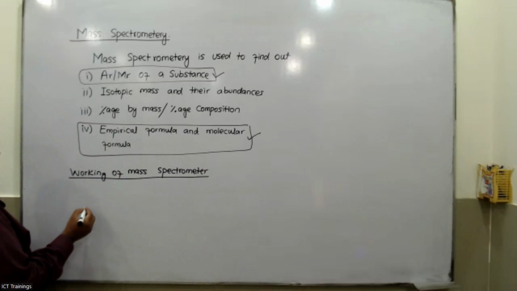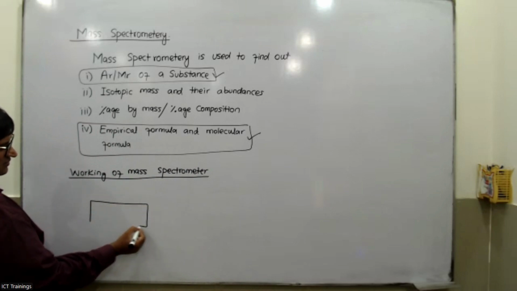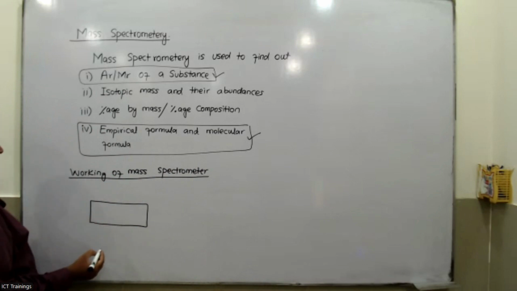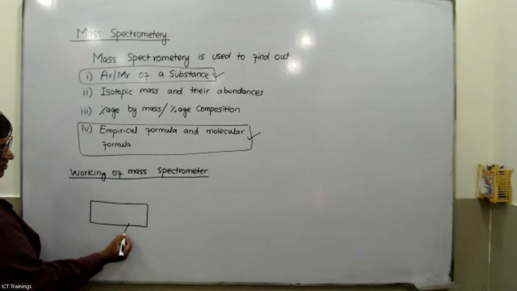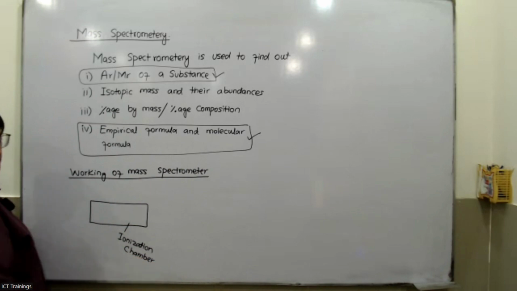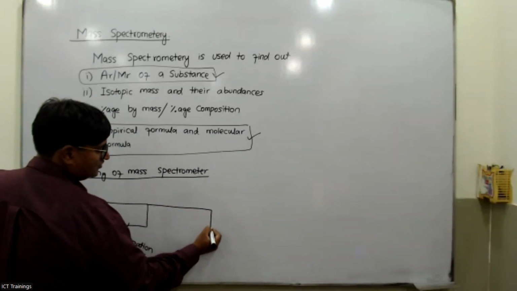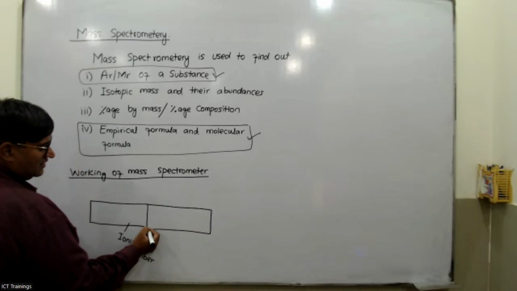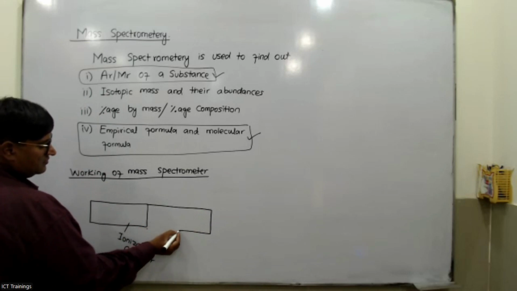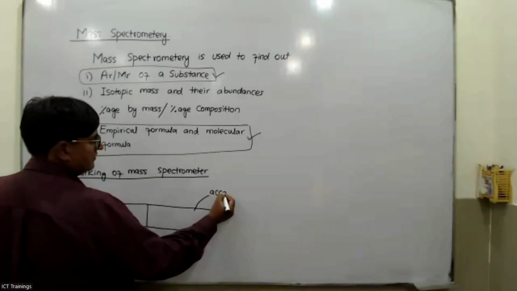Basically a mass spectrometer, my dear, consists of three parts. The first part of the mass spectrometer is called the ionization chamber. The second part is called the accelerating chamber.